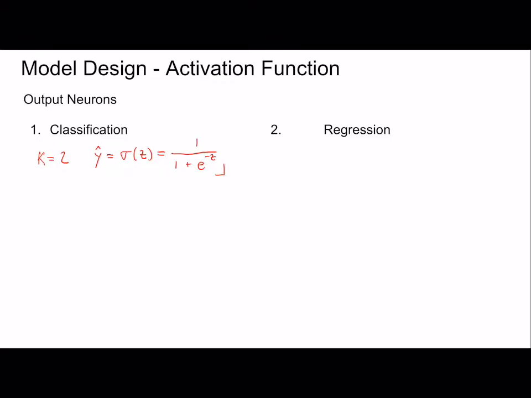Okay, so in practice, what we want to model is the probability of our label given our data and the weights. This is what we're trying to model with the neural network. So essentially the probability of y being equal to 0 given x and w will be the probability for the other class.